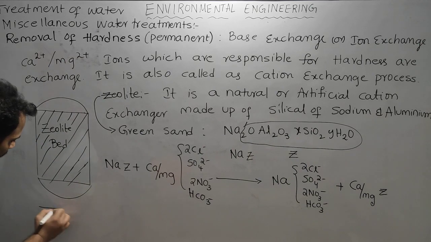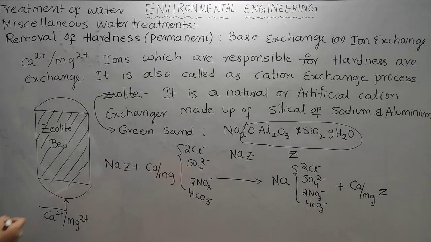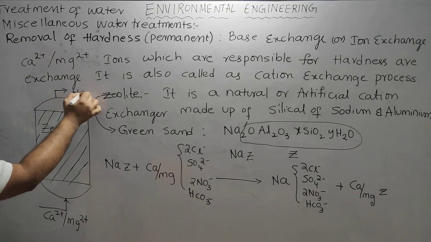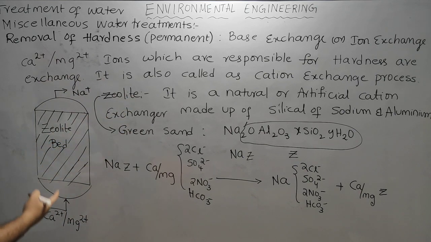While we send calcium and magnesium through water into this zeolite, we are getting out the sodium ions. We are bringing these sodium ions out of this zeolite bed and refilling this zeolite bed completely with calcium and magnesium ions.